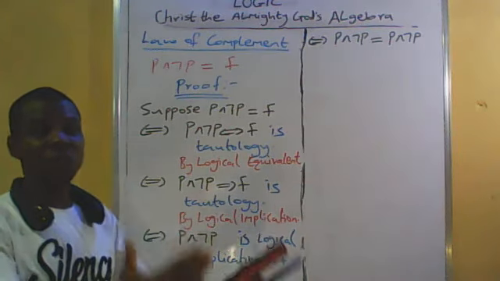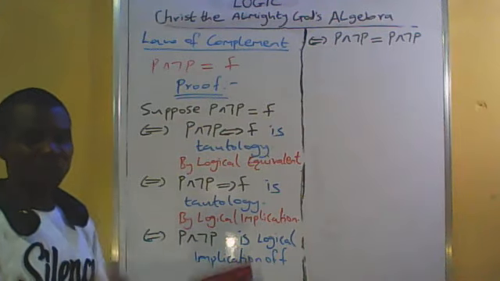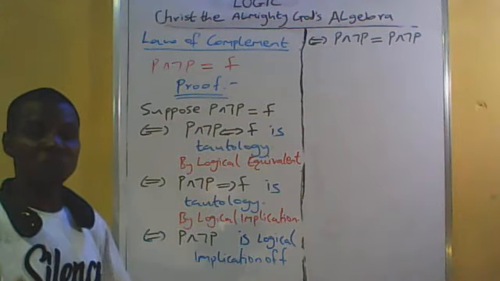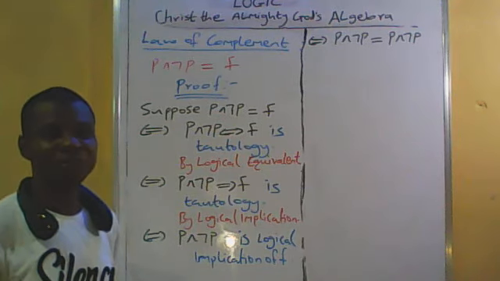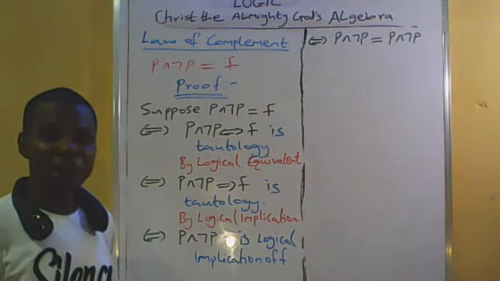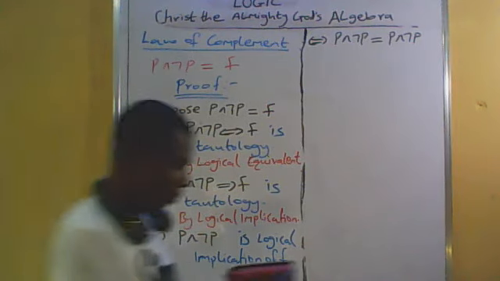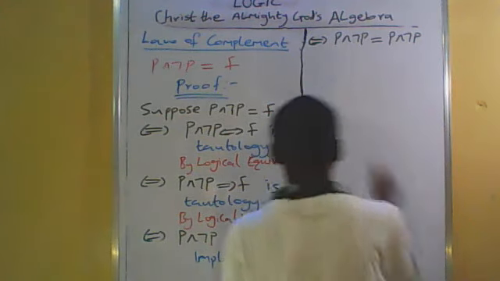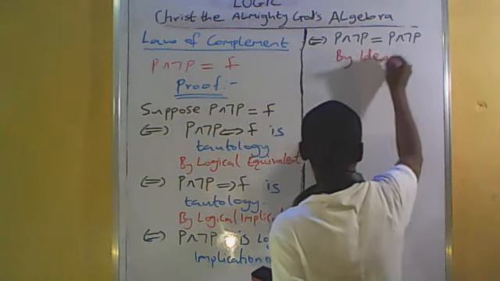Whenever the right hand side of P and not P is false, also the left hand side is false. We say it's logical equivalent. It is true that it's logical equivalent, being justified by identity, the sameness.